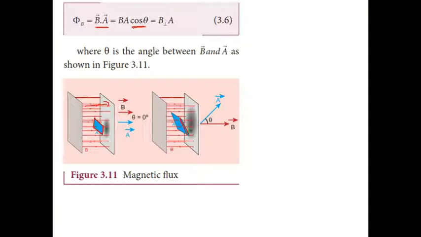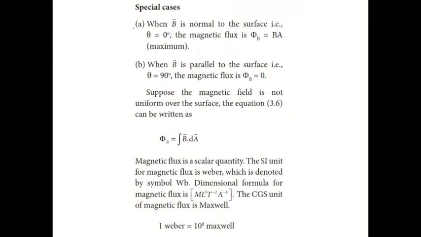If the plane or the magnet is inclined, the angle of inclination should be noted and included in the formula BA cos theta. If theta is 0, then magnetic flux will be maximum, because cos 0 is 1.